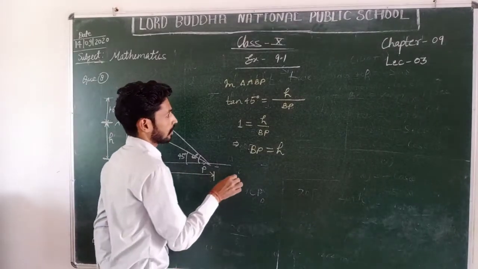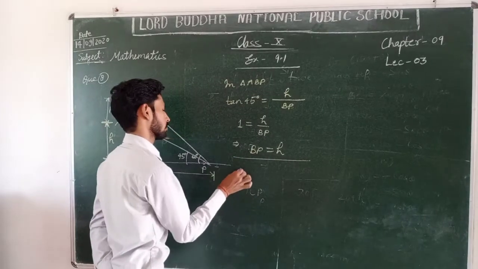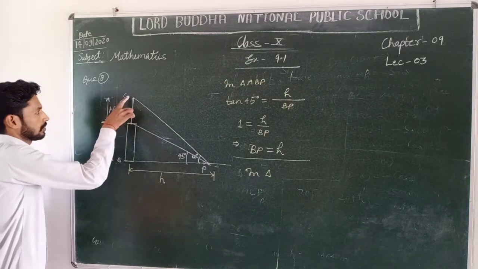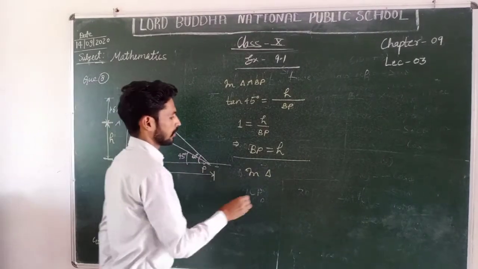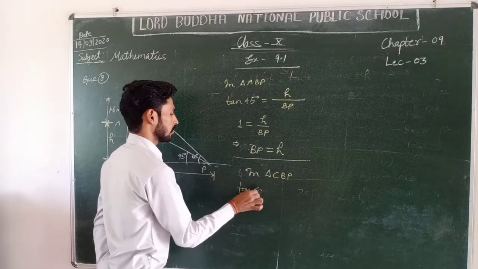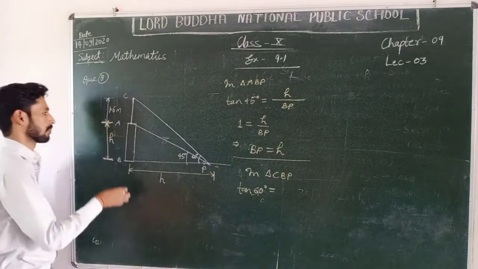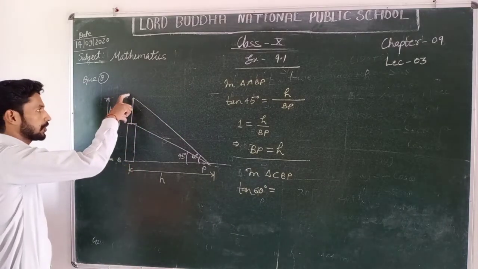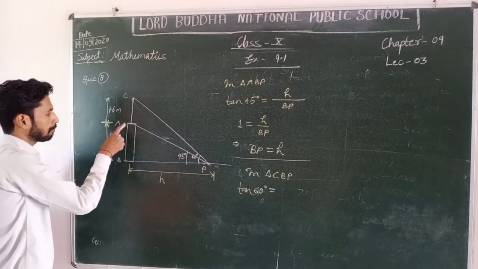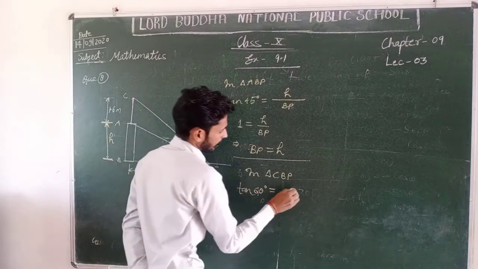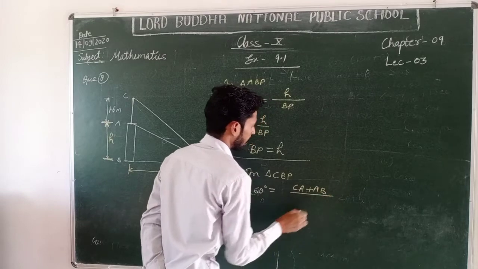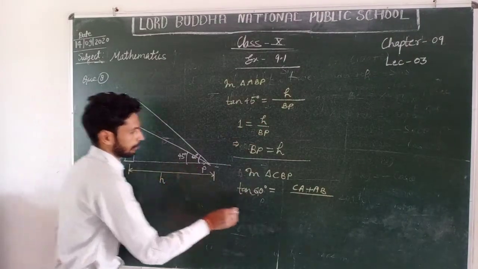Now in triangle CBP, we can take tan 60 degree, that is equal to height of the statue plus height of the pedestal. So we can write here CA plus AB, divided by BP, that is base.